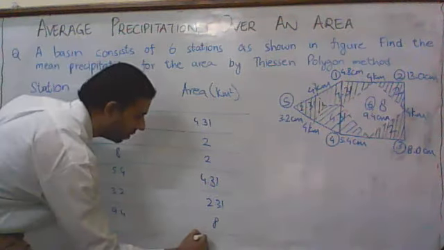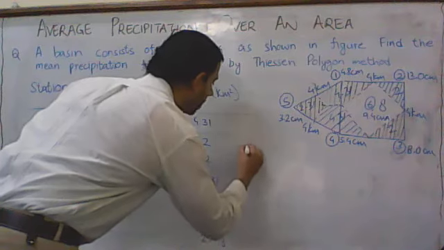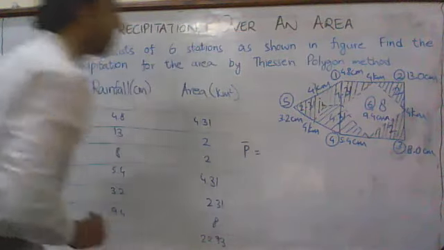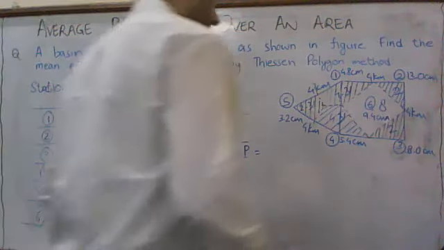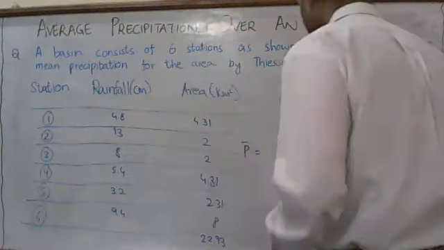Now, according to the Thiessen polygon method, the average precipitation is given by 1 by A, summation i equal to 1 to n, Pi multiplied by Ai.